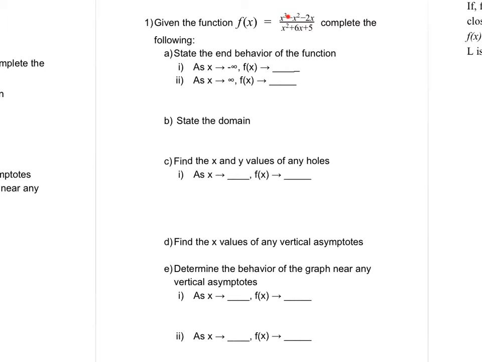And if the numerator has a larger exponent than the denominator, then the end behavior says that as x goes to negative infinity, the two ends will go either to positive infinity or negative infinity. And in this case, it will be negative infinity on the left and positive infinity on the right.